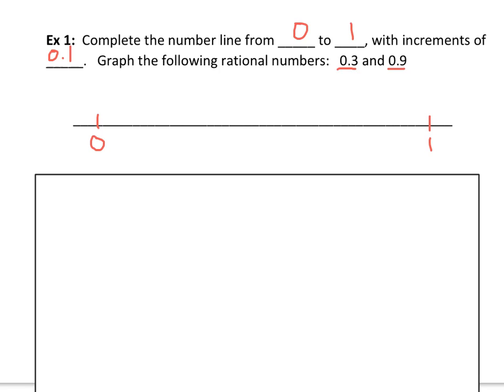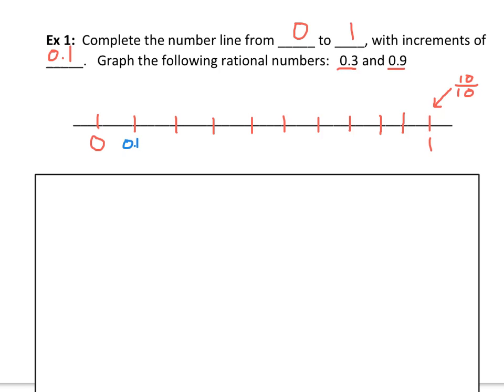Then my problem says to create increments of 1/10. So here's 1/10, 2/10, 3/10, 4/10, 5/10, 6/10, 7/10, 8/10, 9/10, and we know that 10/10 will make 1 whole. So let's go ahead and rewrite this.